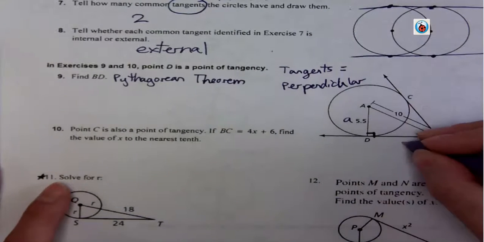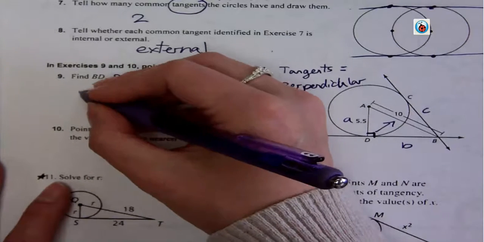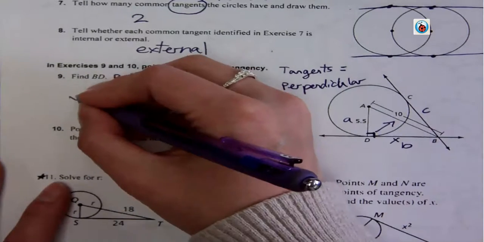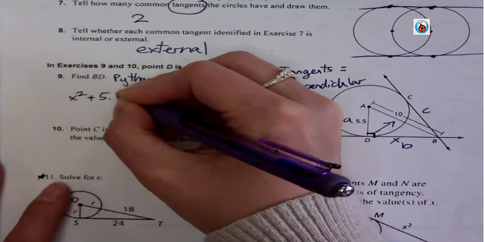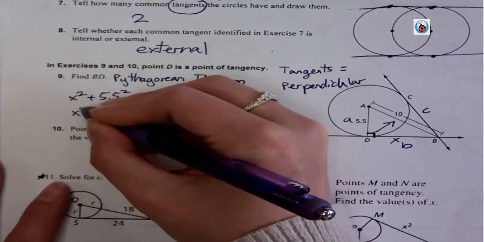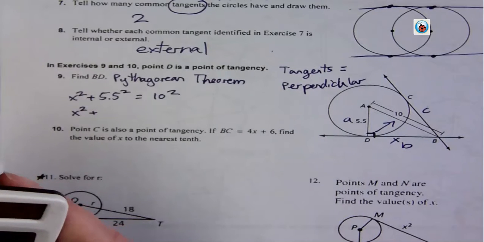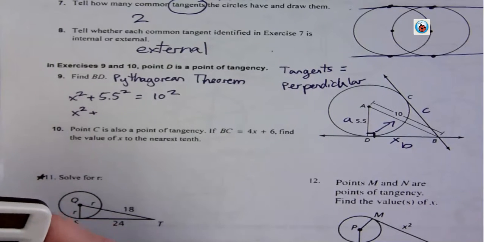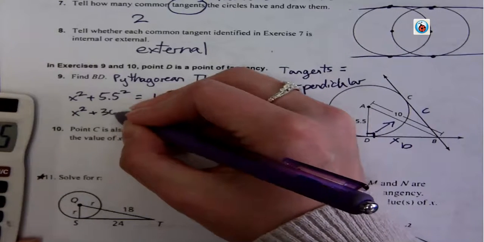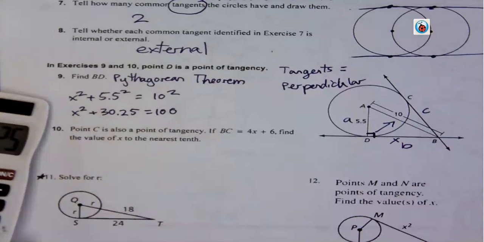And so that's my A, that's my B, that's my C. And so if I put an X on this side, x squared plus 5.5 squared equals 10 squared. So x squared plus 5.5 squared comes out to 30.25 equals 100.